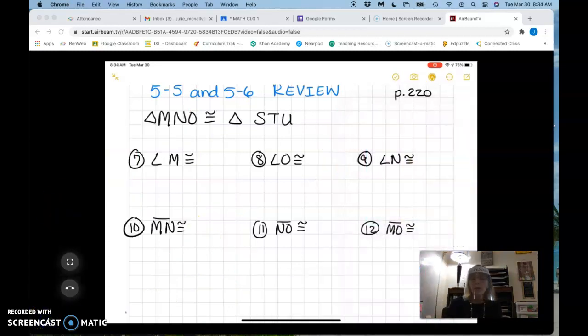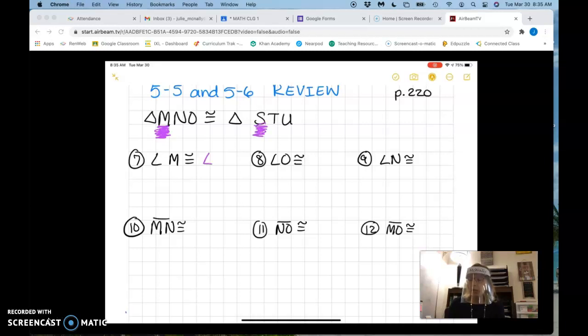Okay, so they give us this statement in the directions. Triangle MNO is congruent to triangle STU. And we have to match up the congruent angles and the congruent segments. So remember, we don't need a picture. We just have to look. Whatever is in the same position as this M is going to be congruent to the M. Yes.